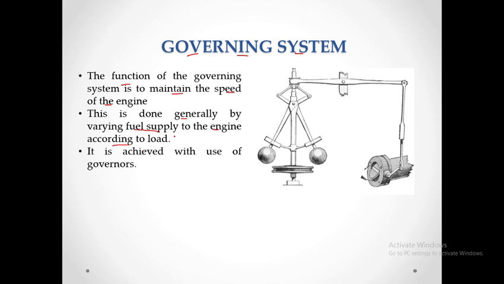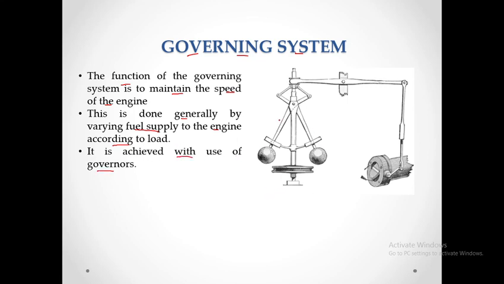So how can we control it? If we vary the quantity of fuel supply, we can reduce or increase the speed of the engine. This can be achieved by using governors.